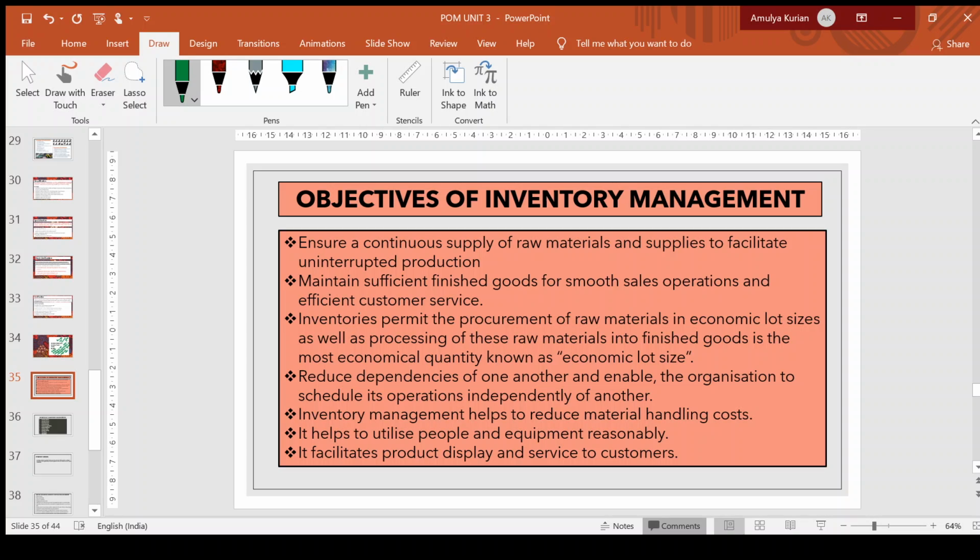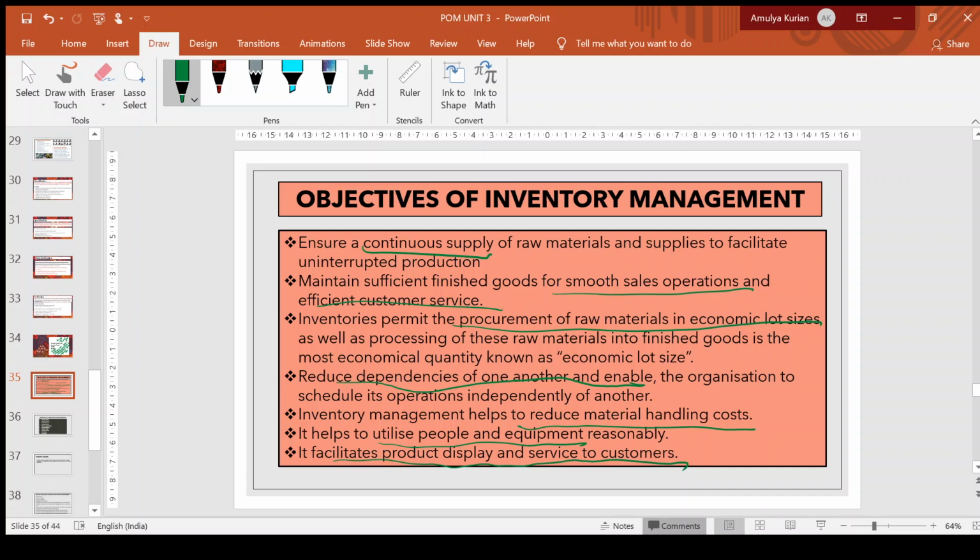The last one is that it facilitates product display and service to customers. So these are the objectives: continuous supply, smooth sales and efficient customer service, procurement of raw materials in economic lot sizes, reduced dependency and independent scheduling of operations, reduced material handling cost, reasonable utilization of people and equipment, and facilitating product display and service to customers.